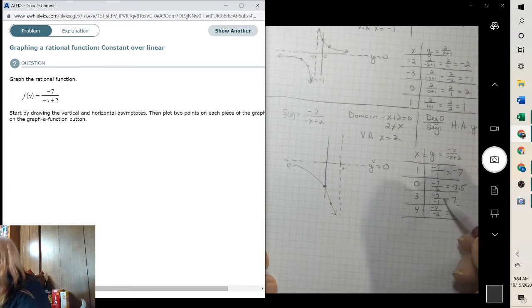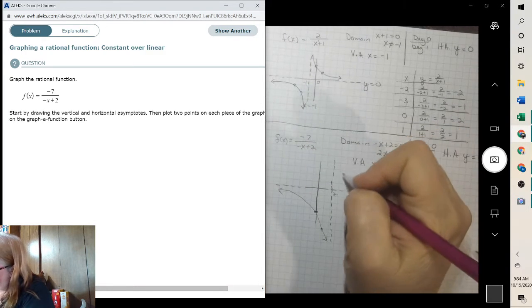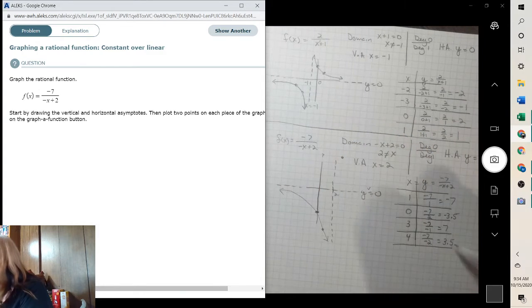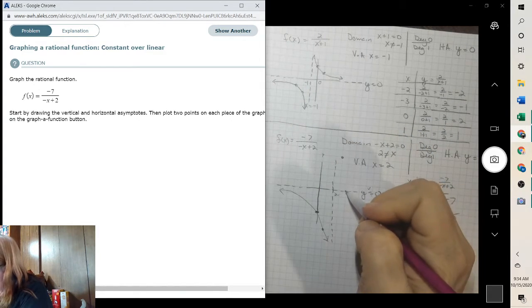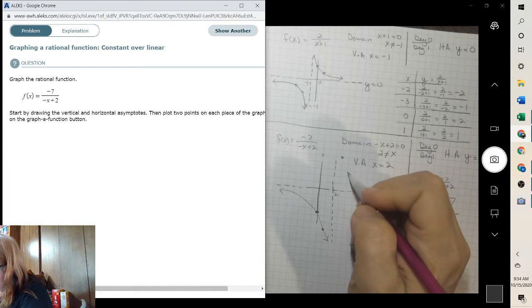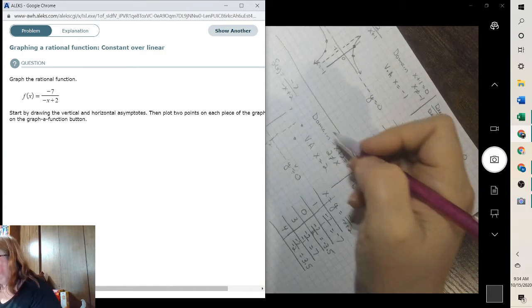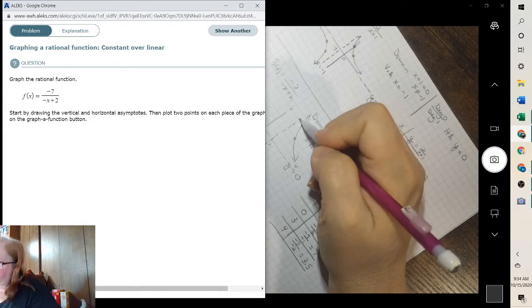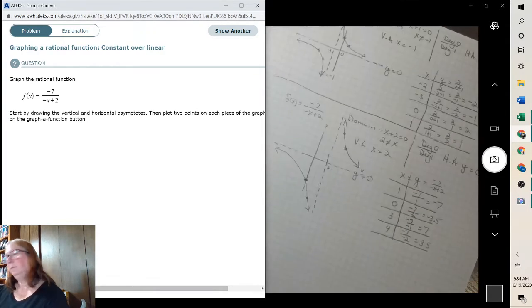And then on the other side, we have a +7. So up here somewhere, we'll say that's 7. And 3.5, about here. And it's going to come this way and approach the dotted lines.